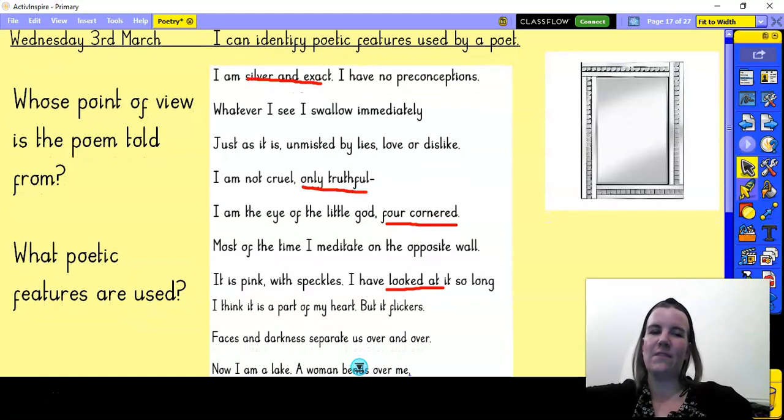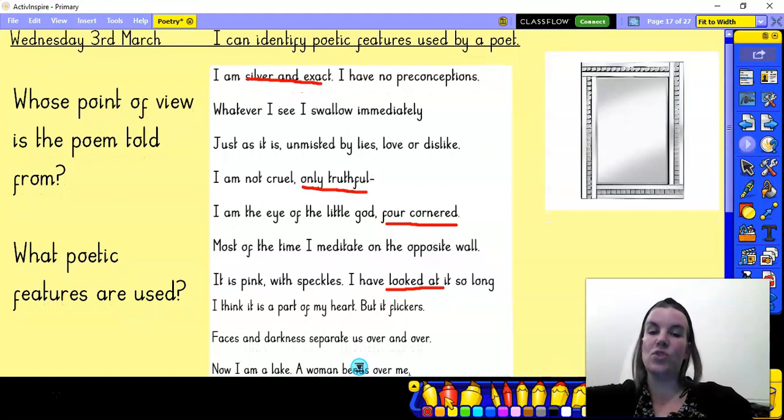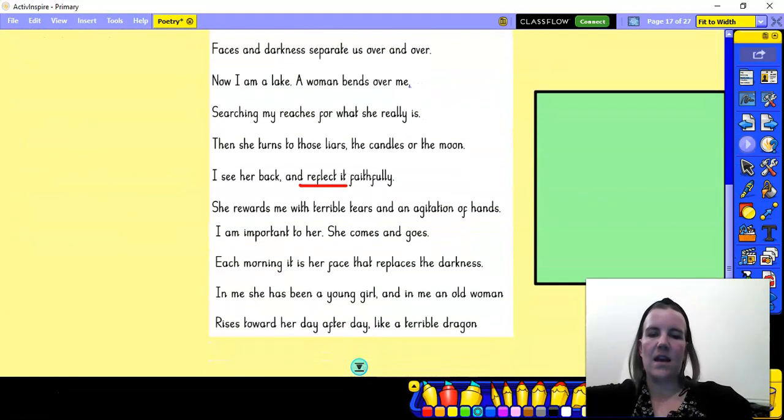Did you spot any features, any of those tools that we've talked about all week? What can I see? I saw, particularly at the bottom here, rises towards her day after day like a terrible dragon. So I can see an example of a simile there. She rewards me with terrible tears, an example of alliteration there.